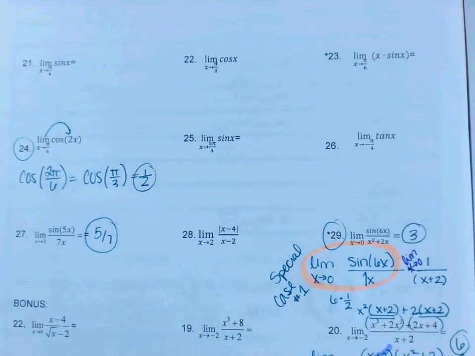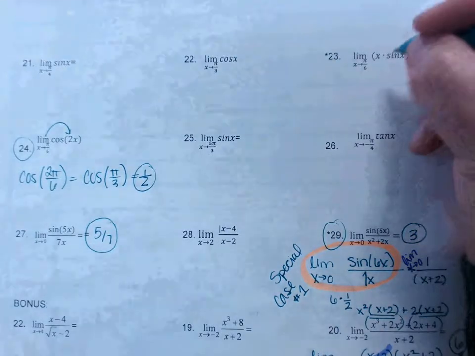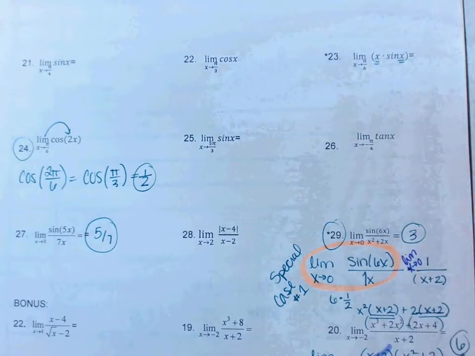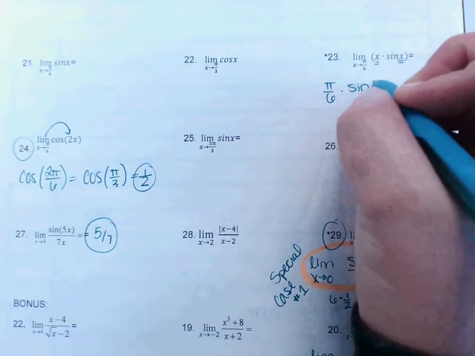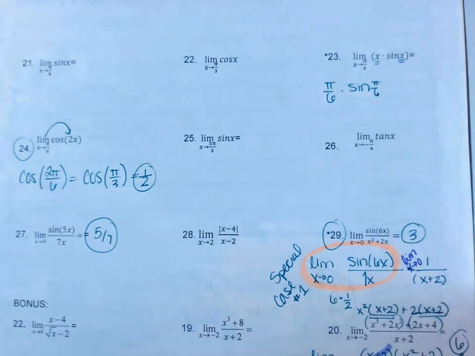This is the last one we'll do together. Okay, I have the limit of x approaching pi over 6 of x sine x. Remember, if there are multiple x's, you plug what x is approaching into every x. So when I plug in for 23, what will I get? I'm plugging in here and here. Pi over 6 times the sine of pi over 6. Very good.